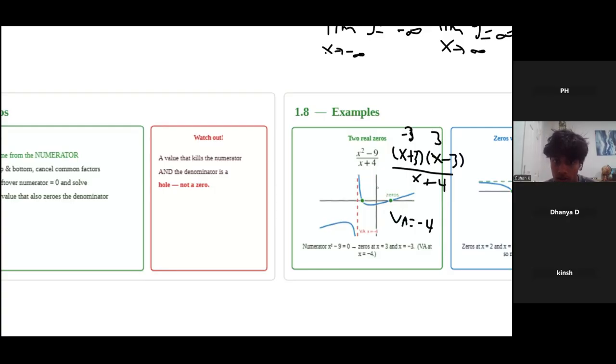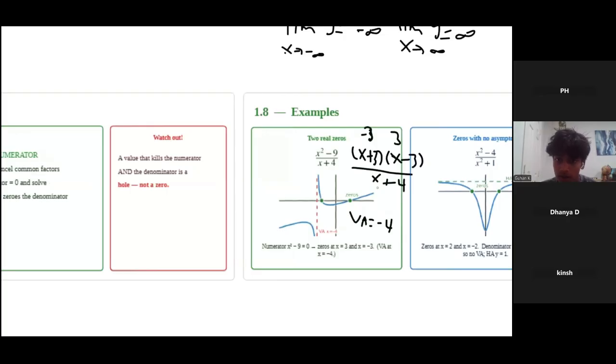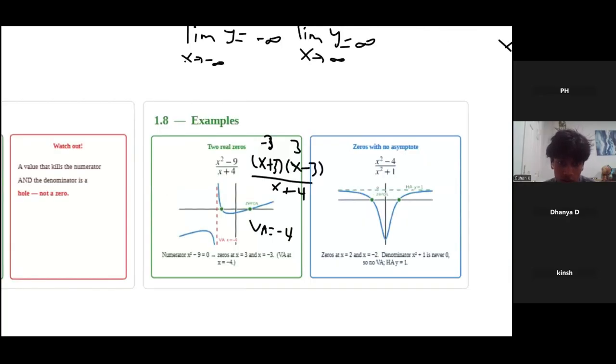Now let's look at zeros with no asymptote. Yeah, here there's going to be no vertical asymptote, right? Because you can see x squared plus 1. This is like what we did earlier. X squared plus 1 equals 0. There's no way that x can equal anything here to make the equation 0.